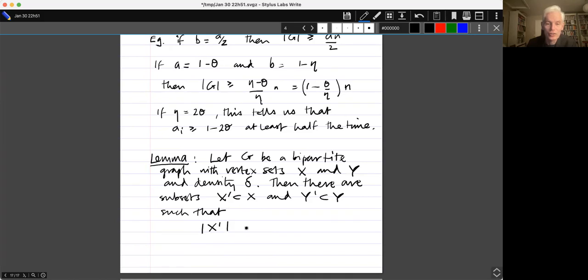So I'll just say X dashed is greater than or equal to some fraction of the size of X, which will depend in a reasonably nice way on delta.